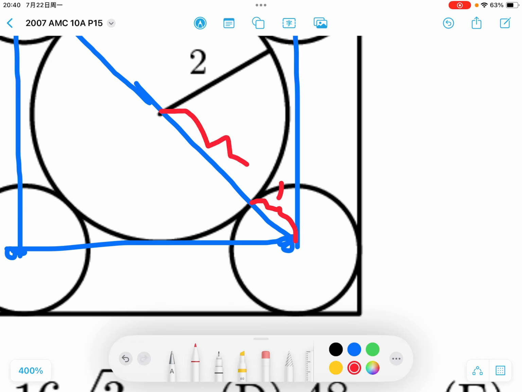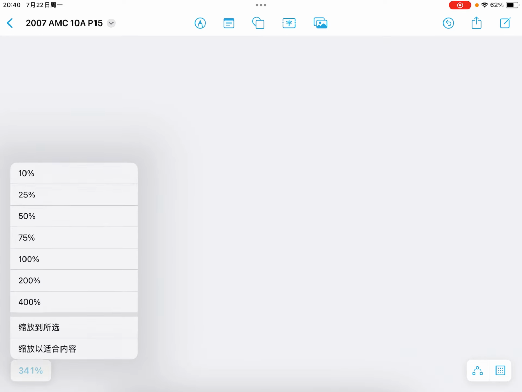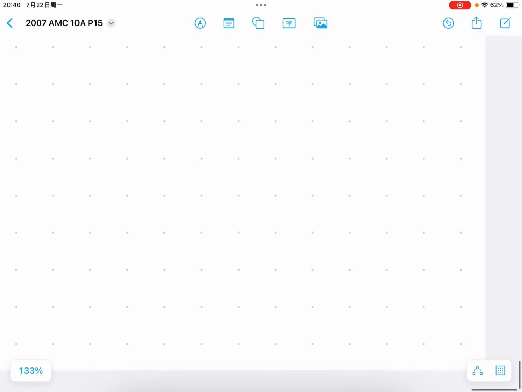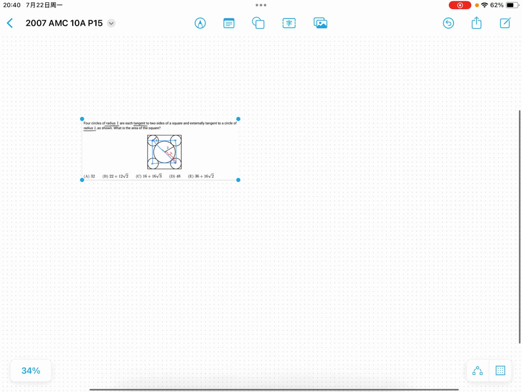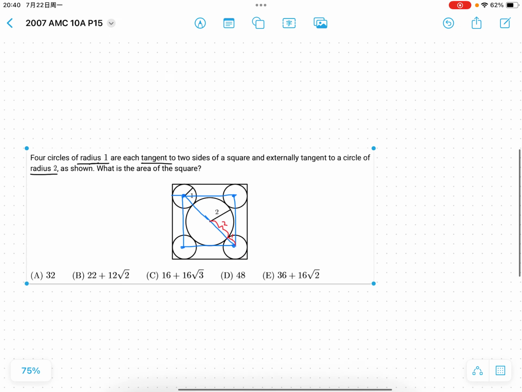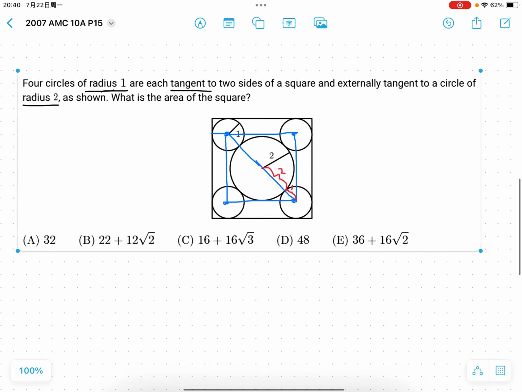This section is the radius of the big circle, that is 2. So half of the diagonal is 3, so the whole diagonal is 6.